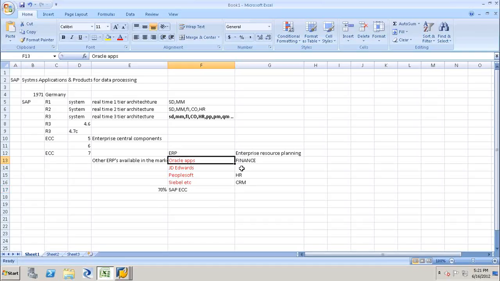When we talk about only a business process called finance, say a banking industry, if we go for HSBC Bank, 90% of their transactions will be finance transactions. So for industries like the banking sector, insurance sector or finance sector, Oracle Apps is the best one.